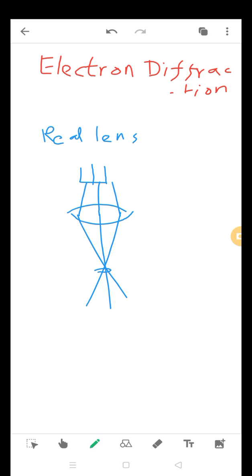Right, and this is the place you get the image. And the diffraction plane is actually where diffraction might take place.